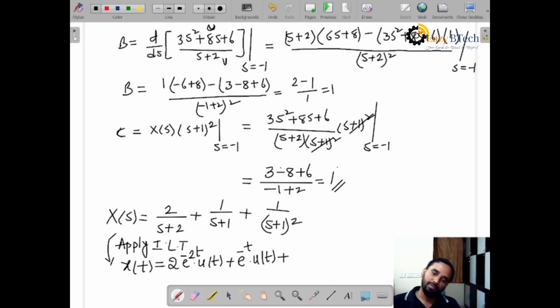So we know that Laplace transform of t u of t is 1 by s square.